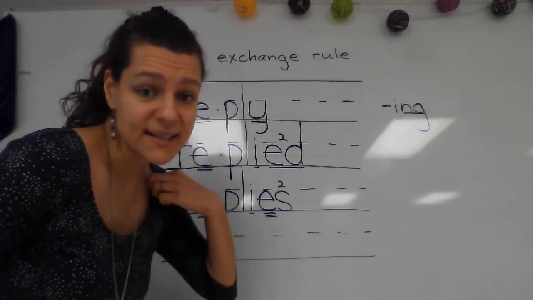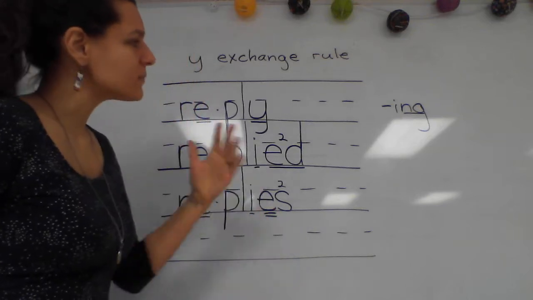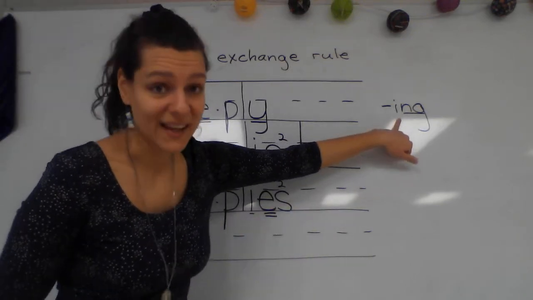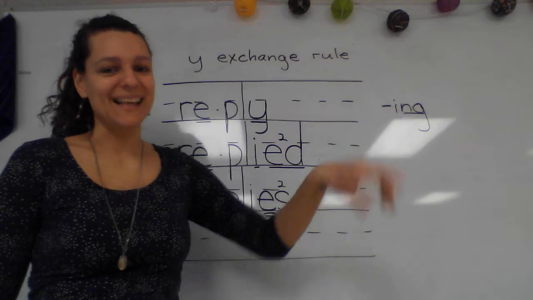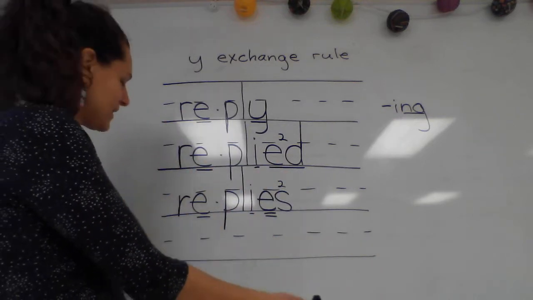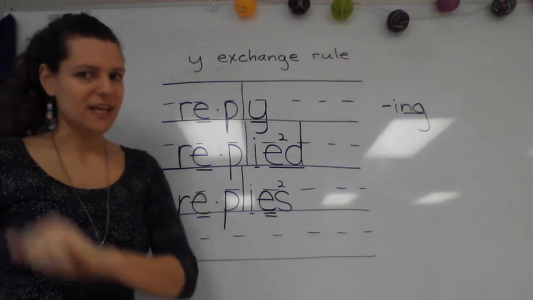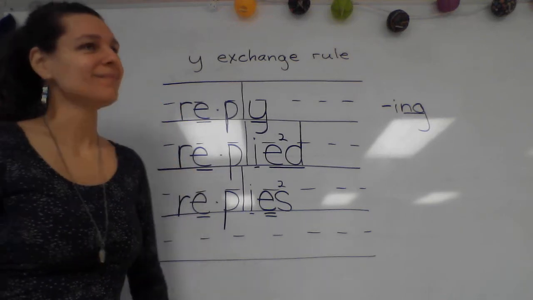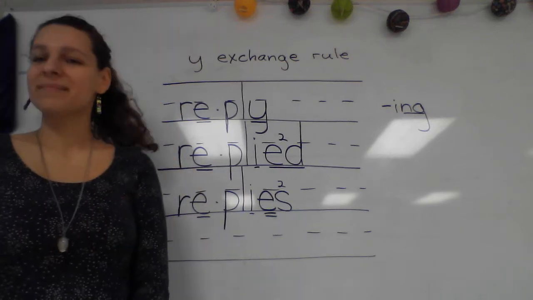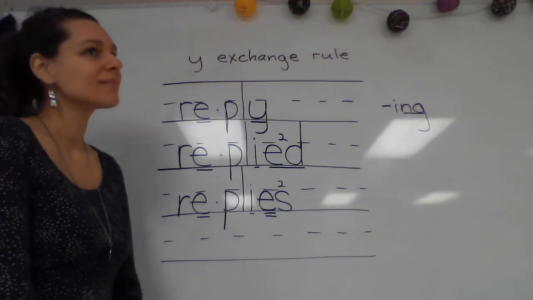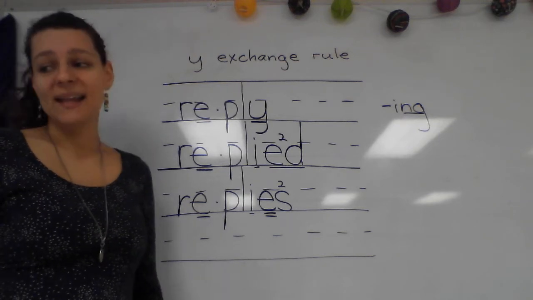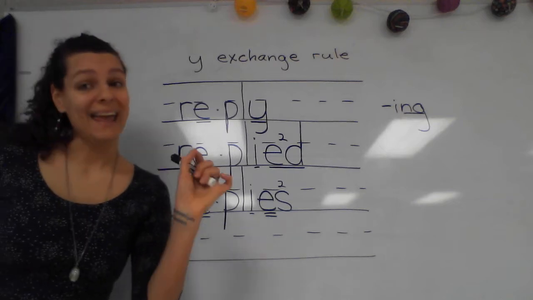Are we going to use our Y exchange rule in replying? We're not. Why not? Oh, because we don't use it if the suffix starts with an I? Excellent. So why don't you go ahead and write the first two syllables, reply. Don't use the Y exchange rule. Say the sounds while you write them. Now go ahead and add your suffix ing.